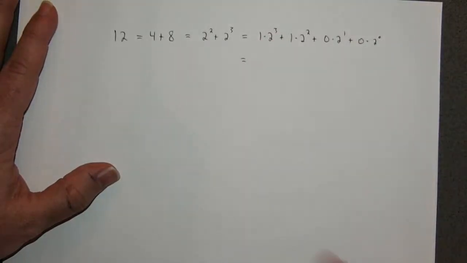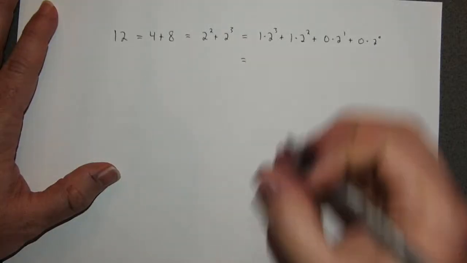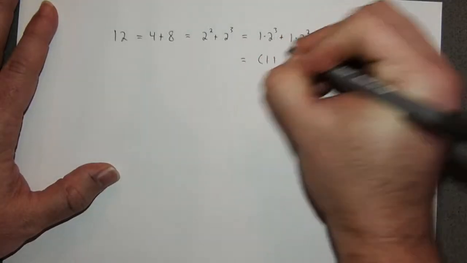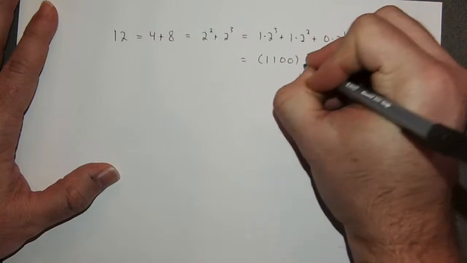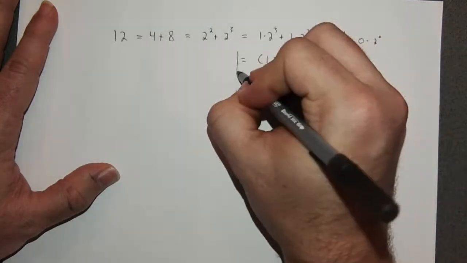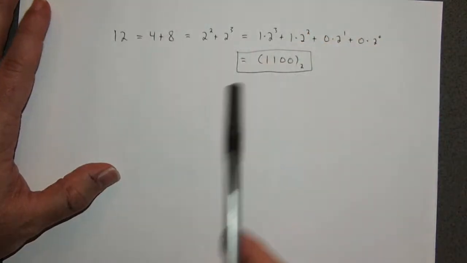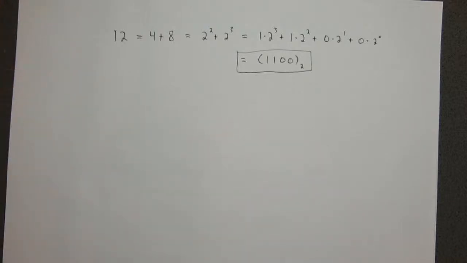All right. So what is this if I write this in digits in binary? This is 1, 1, 0, 0, base 2. So in binary, 12 is 1, 1, 0, 0.